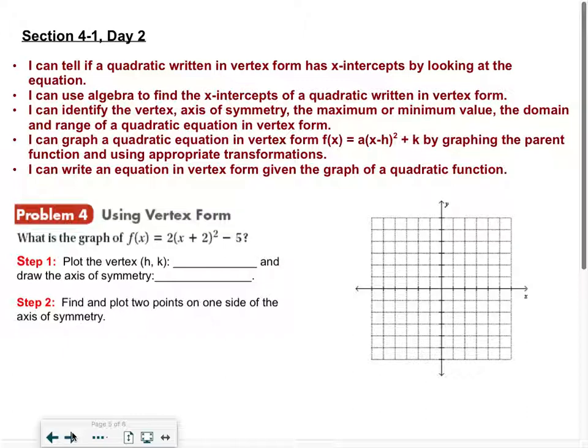Vertex. Nothing different, same thing we did about 2 seconds ago. What's my vertex? -2, -5. Good. If my vertex is -2, -5, my axis of symmetry is x equals -2.